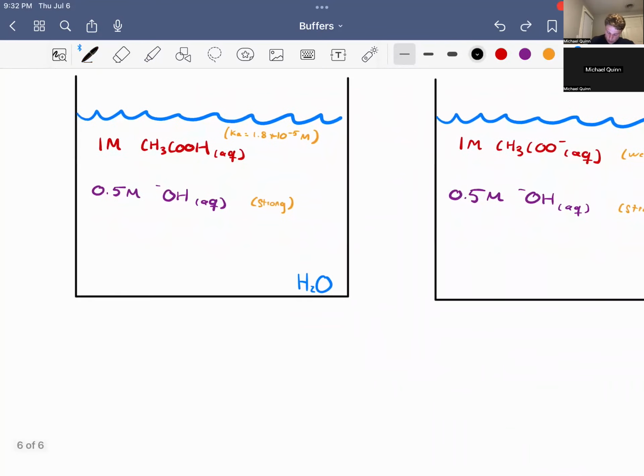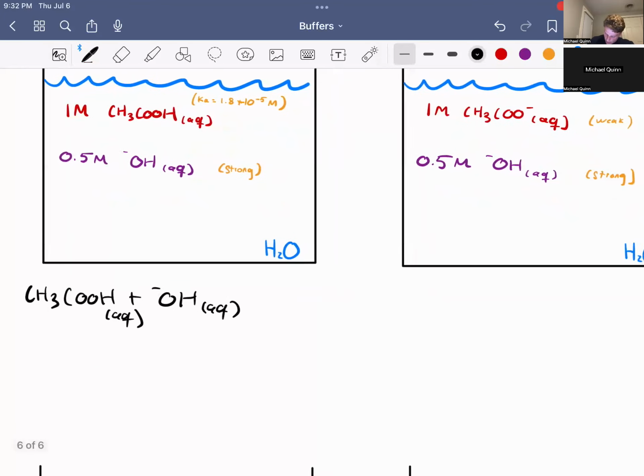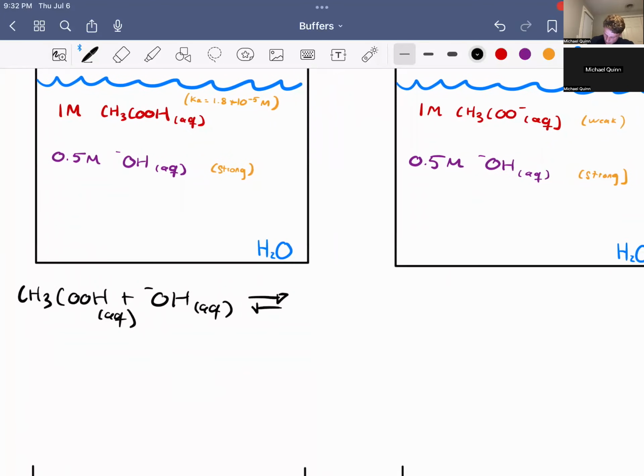So what we would do is make an ice table. Remember, OH minus will be the base that we react with this acid. It is a strong base. This will make H2O liquid and CH3COO minus aqueous.